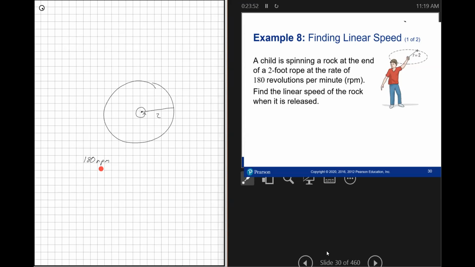So we did 180 revolutions. So what angle are we talking about? Well, everything has to be in pi, right? Or actually, let me see here. Let me back up.